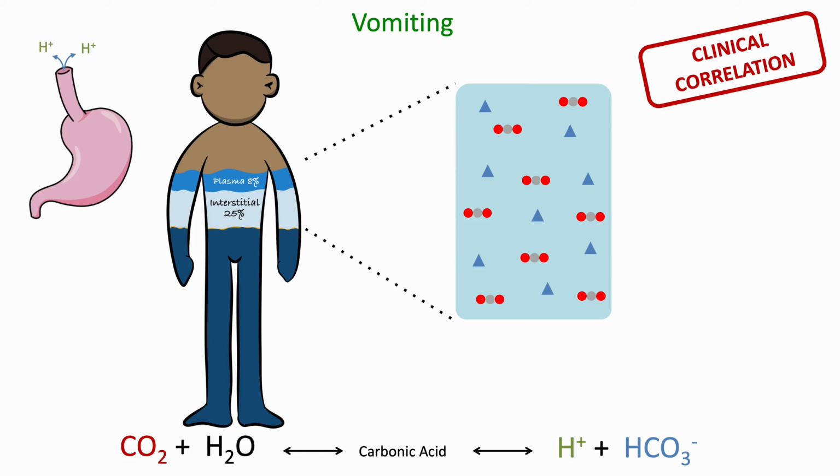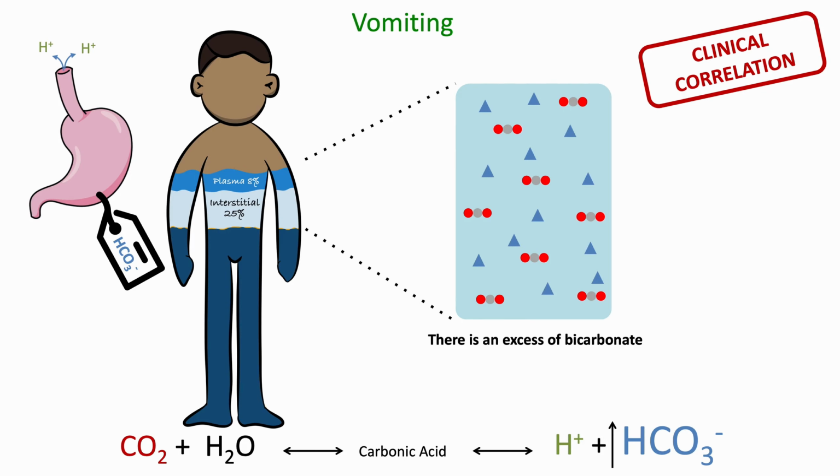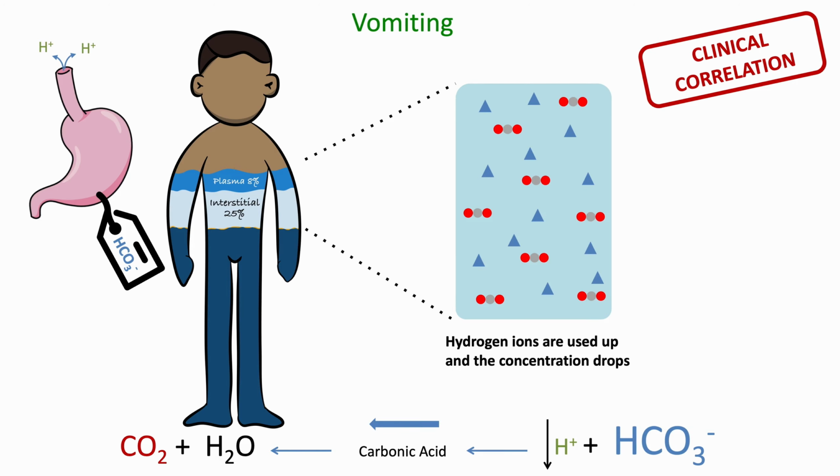In contrast to diarrhea, vomiting involves loss of stomach acids, like hydrogen chloride. With the loss of each hydrogen ion, a bicarbonate is generated. Ordinarily, as the bicarbonate concentration increases, the buffering equation is shifted to the left, and the concentration of hydrogen ions drops, with a subsequent increase in pH.